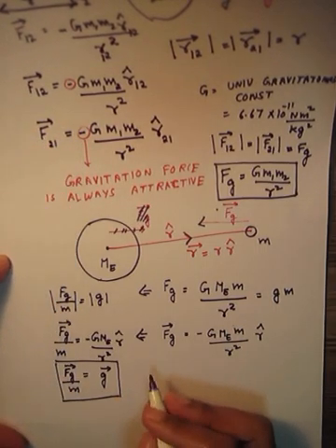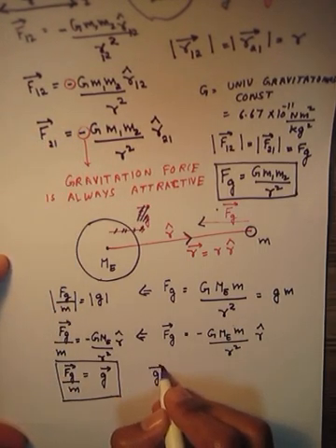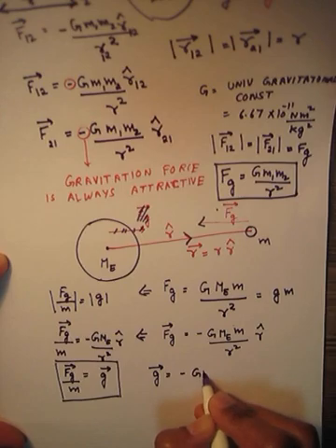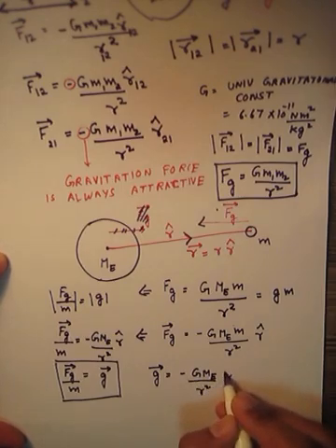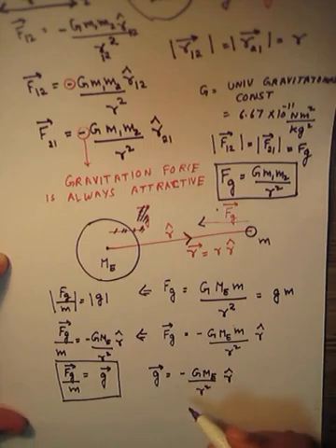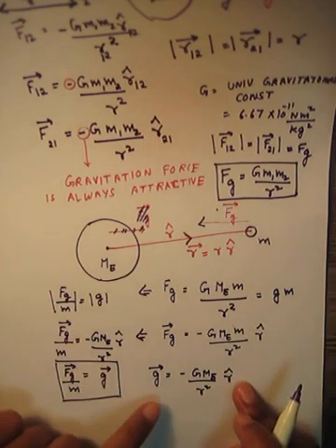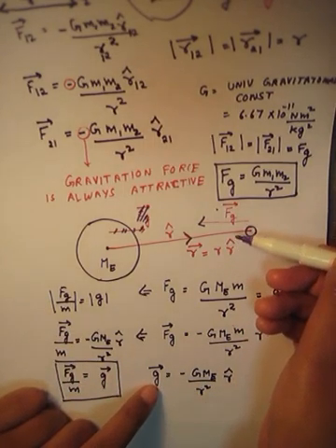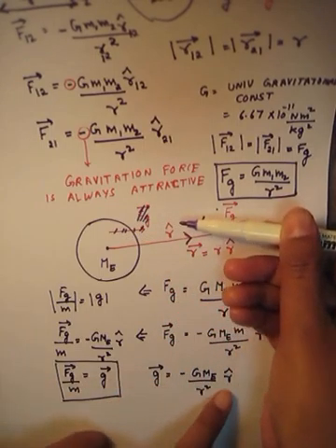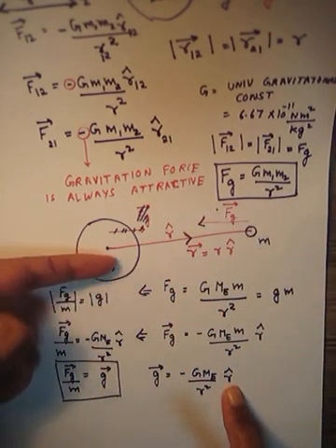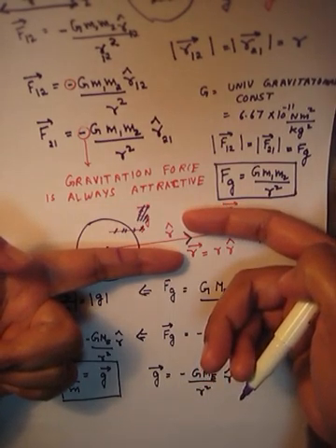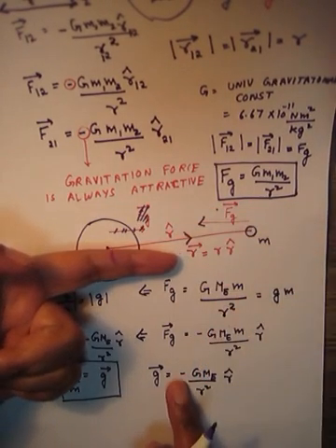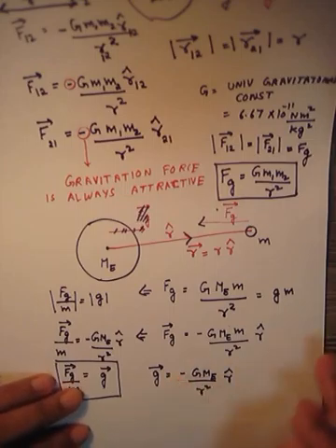So from here we can conclude that g vector is minus G mass of Earth divided by r square into r unit vector. This is also relevant because you see that the gravitational acceleration is towards the Earth, while r unit vector is from Earth to the mass. So r unit vector and g vector are opposite to each other, so we get a negative sign here.